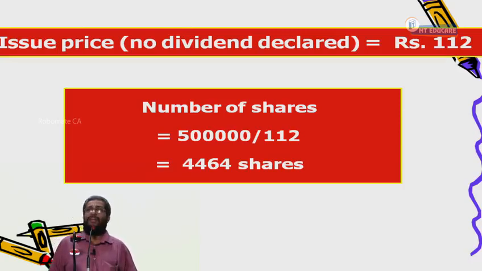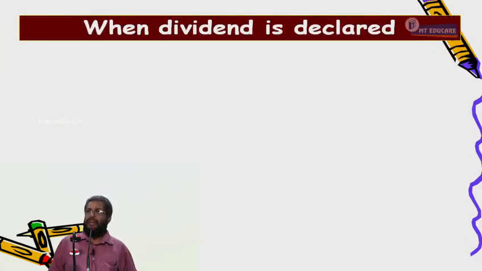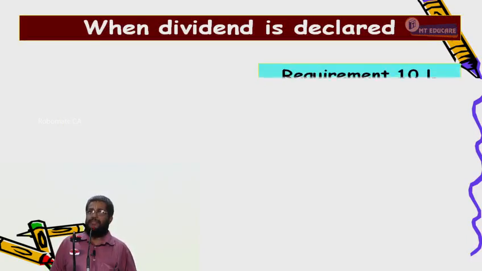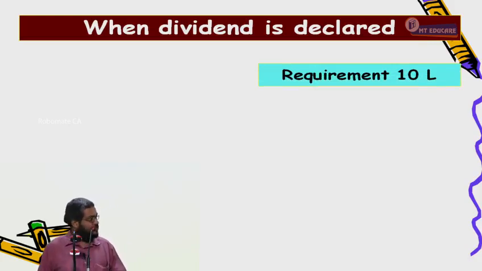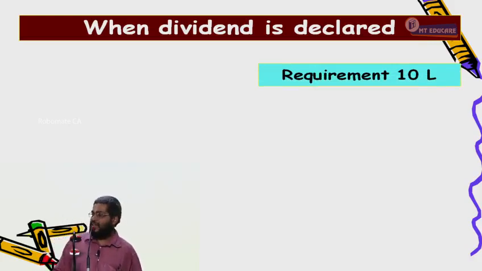Can I proceed? Capital B. When dividend is declared, underline that. Capital B, when dividend is declared. Requirement 10 lakhs.